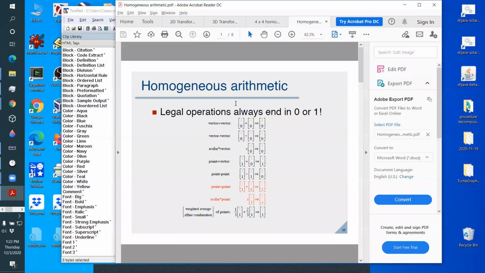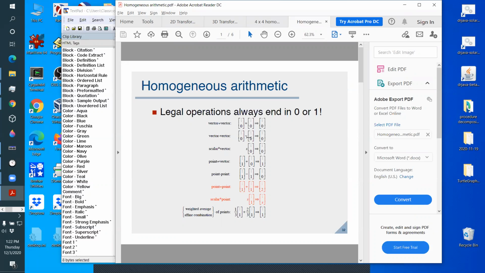There's this idea of what's called homogeneous arithmetic. A vector has a 0 in the 4th slot. A point has a 1 in the 4th slot. So this would be x, y, z, 0. Notice that if you add 2 vectors, you get a vector.